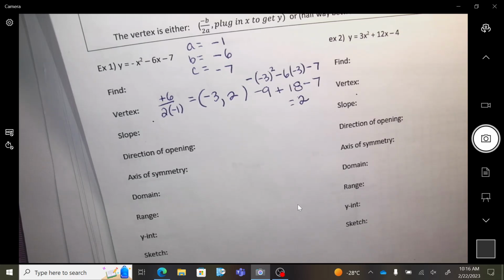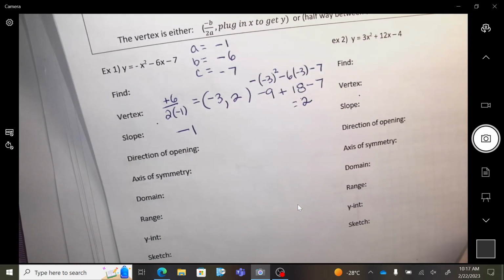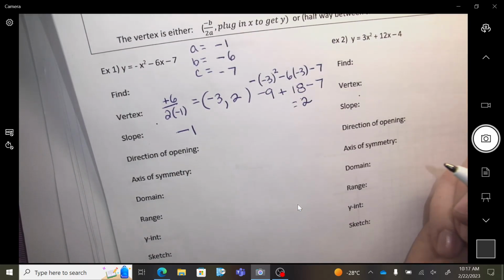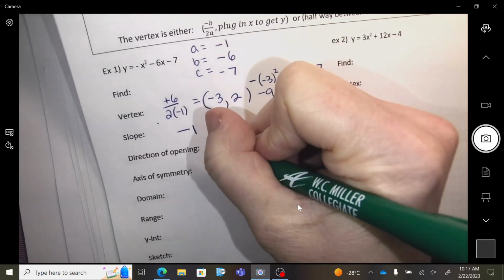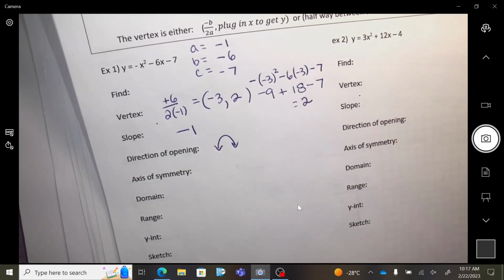Okay, so negative b over 2a, comma, plug in. That's what we do. The rest of it is all the same. So what's the slope? We decided what's the a value? Negative 1. So what is the parabola going to do? It's going to open like this, down, because the slope is negative.